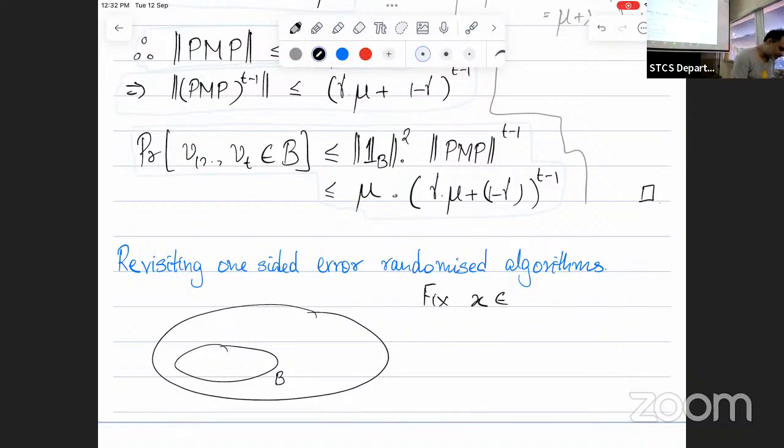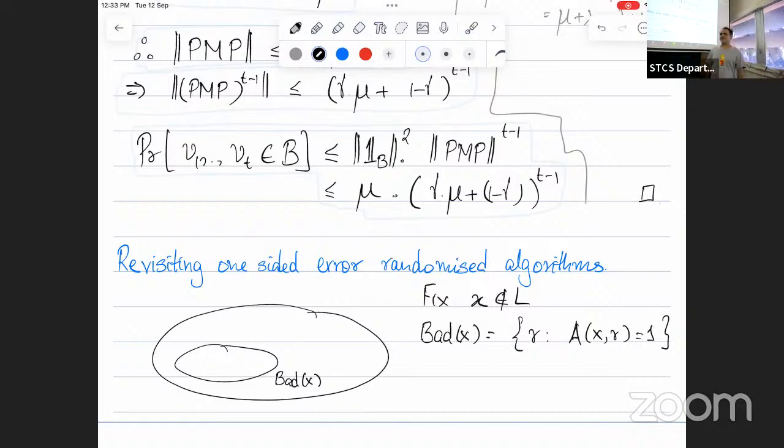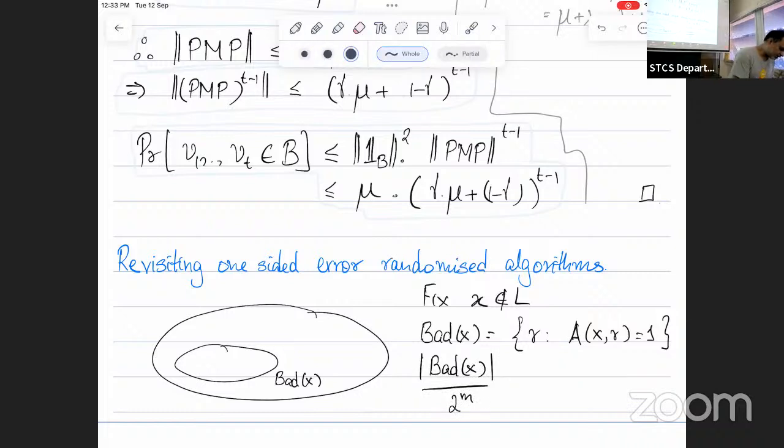In fact, this is an input x that was not in L. And we have this set B, which I called bad. So let me call it bad of x. This was the set of all R that made me incorrectly think that x was in the language. These are the set of bad random strings. Okay, and what did we know about bad? This divided by 2 to the power m is at most half.